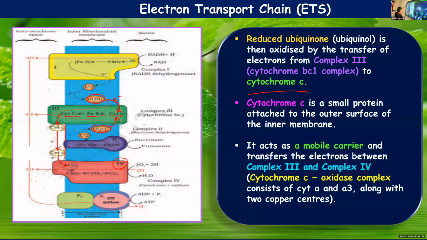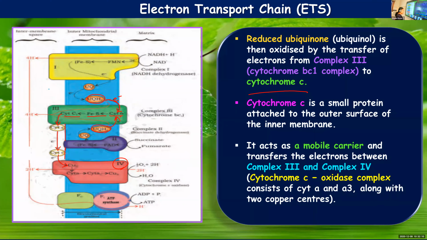So ubiquinone will accept electrons from complex 2 also, and upon receiving electrons from complex 2, that ubiquinone molecule also will get reduced to ubiquinol, just like we said in the case of the first one. Okay, and then what happens? Ubiquinol, that is reduced ubiquinone, first got reduced, now it will get oxidized.